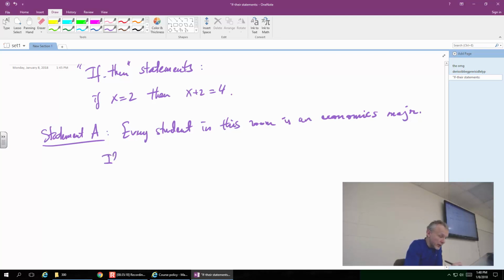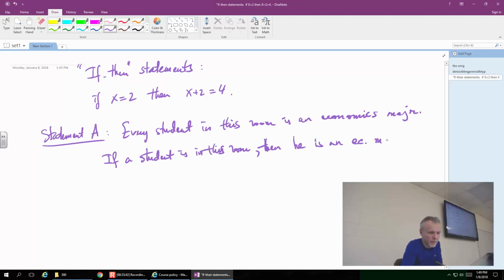So that's what happens to every, any, and all of those words. They turn into a condition. So if a student is in this room, then he or she is an economics major. Once again, if, then.